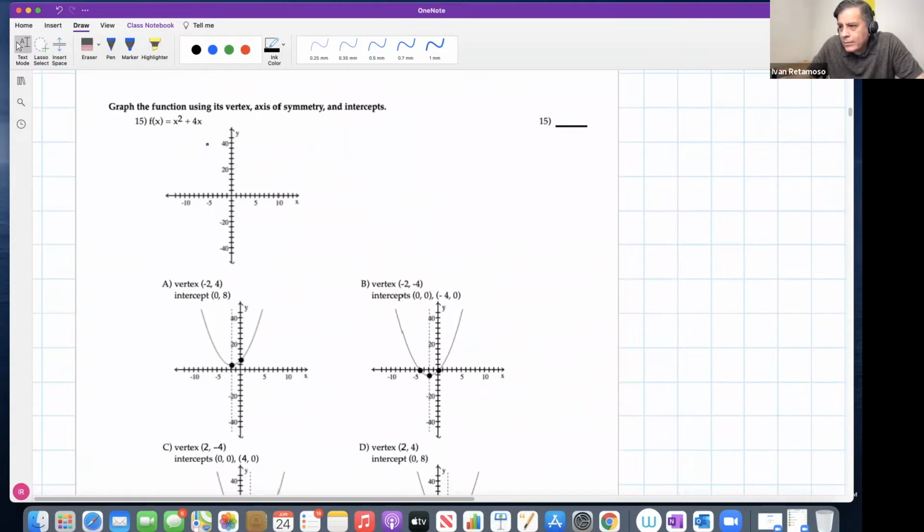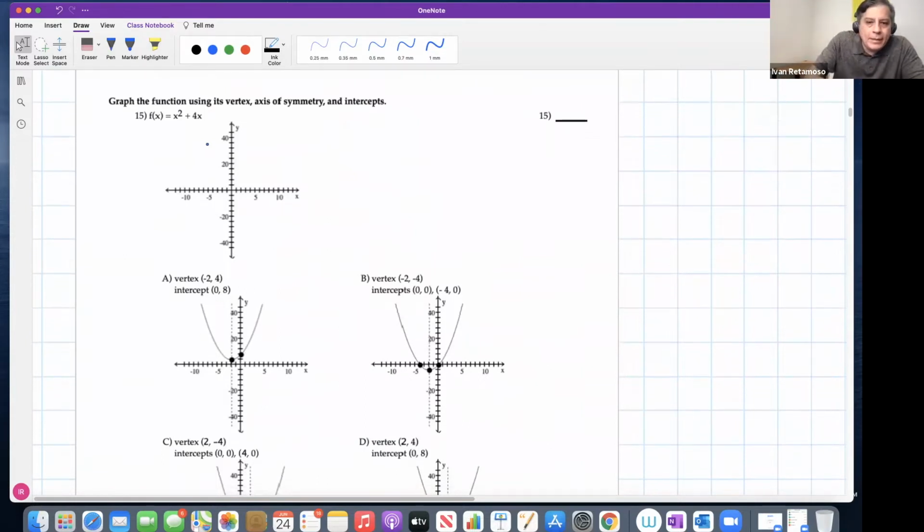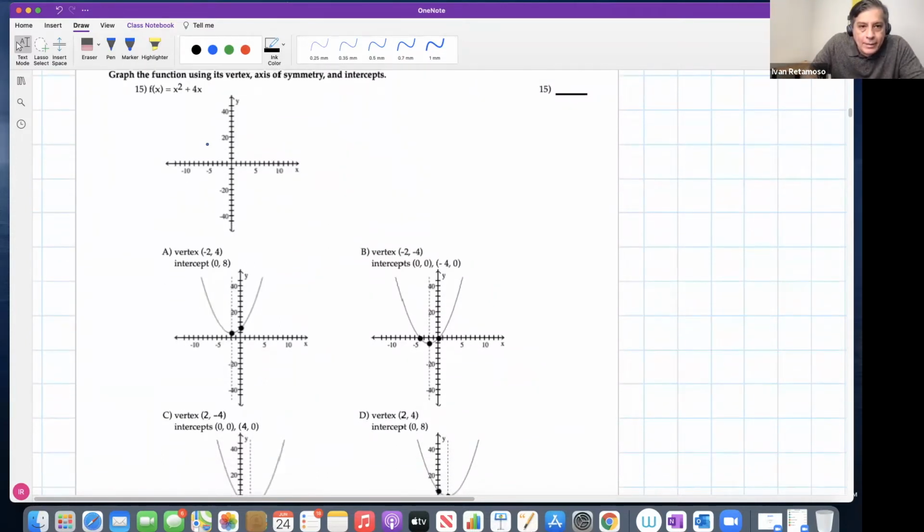Here, another question related to the same topic. They want you to graph this, right? So how do you do that? Well, compute minus b over 2a quickly. A here is 1, b here is 4. So minus 4 over twice 1, minus 4 over 2, minus 2, right?